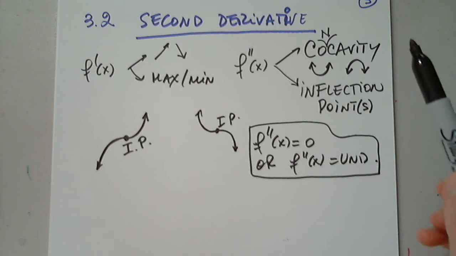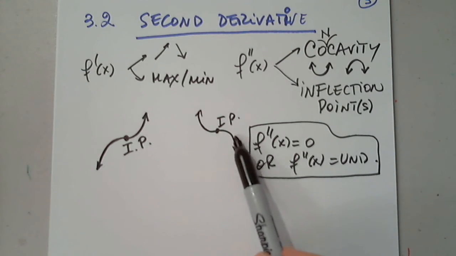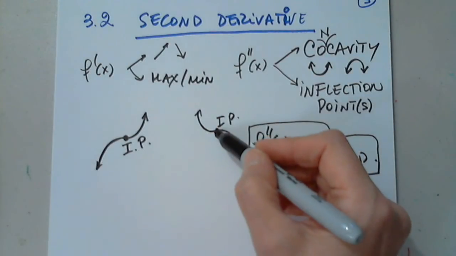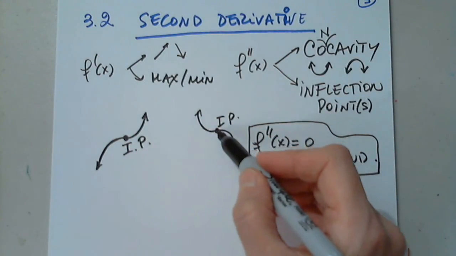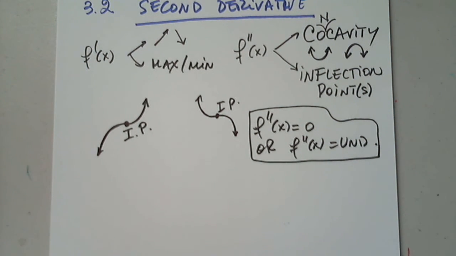Okay? So concavity, which means opening upward, downward, and inflection points, exactly where that change happens from upward to downward. And then we can talk a little bit about something called the second derivative test, and I'll explain in a minute. So now I'm just going to illustrate all this.